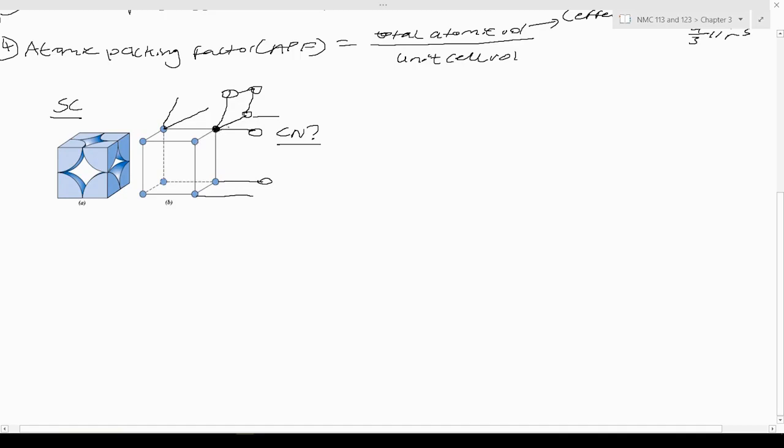Now the nearest touching atoms: from here to that atom is 1, to this one is 2, to this atom is 3, the atom at the bottom is 4, and this is 5. This is the 5th one.